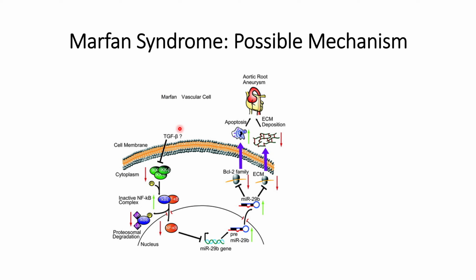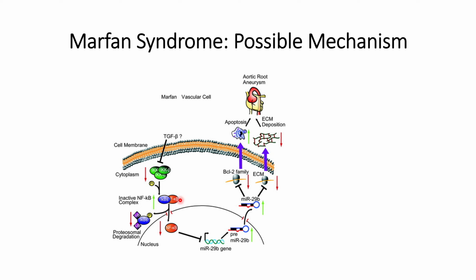So let us now discuss Marfan syndrome's possible mechanism and compare it with the normal mechanism in parallel. These things are related to nuclear factor kappa beta. In normal condition, nuclear factor kappa beta interacts with the inhibitory kappa beta complex and forms an inactive nuclear factor kappa beta.